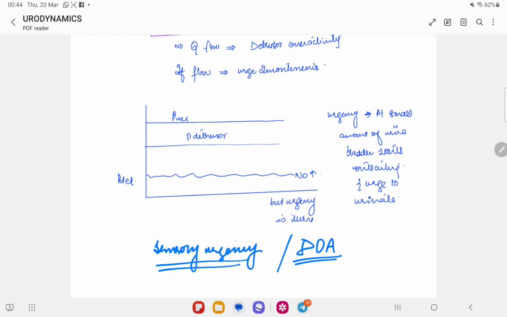In sensory urgency, there will be no increase in detrusor pressure, but the patient will have urgency. The detrusor pressure is not increasing, but if the maximum cystometric capacity is somewhere around 500, she will start having the urge to pass urine at 150. But when you do the urodynamic, there will be no increase in the detrusor pressure. But for detrusor overactivity, there will be increase in the detrusor pressure.